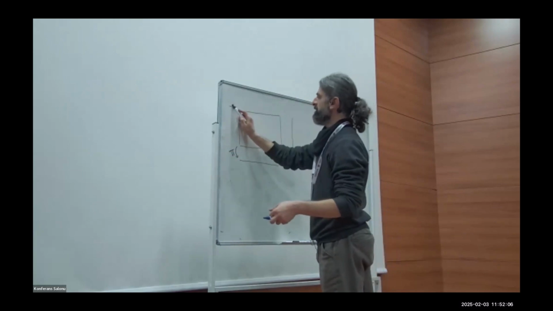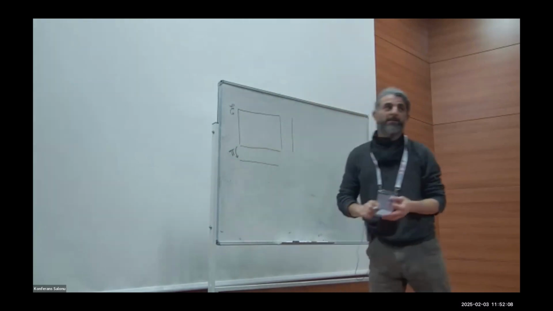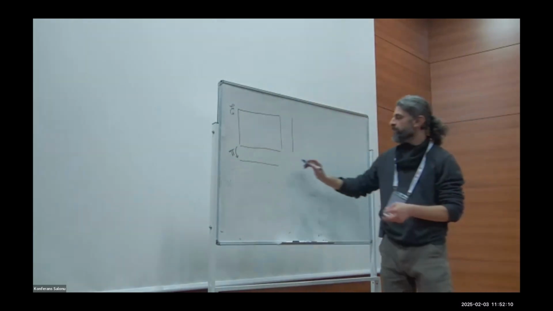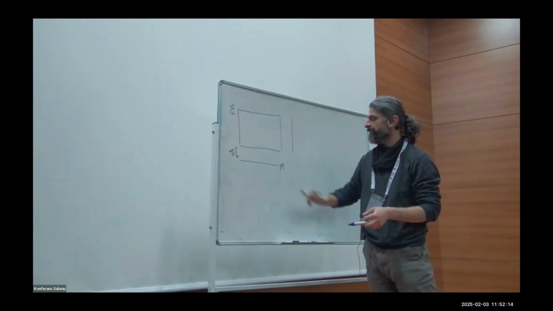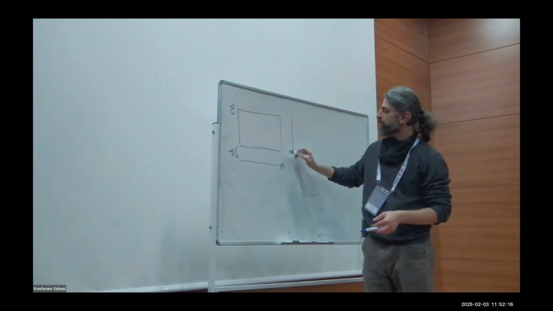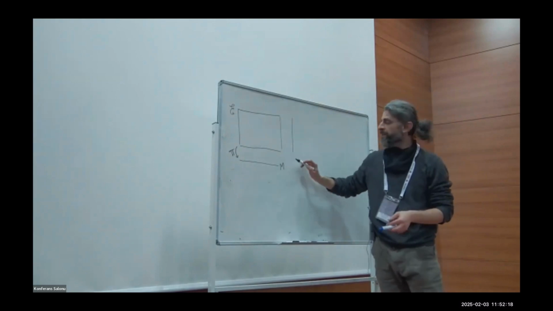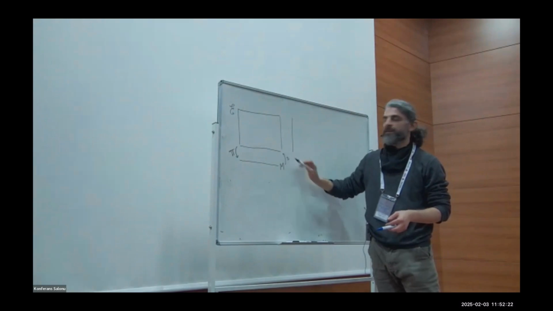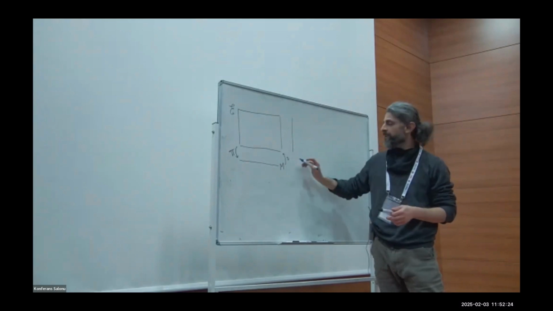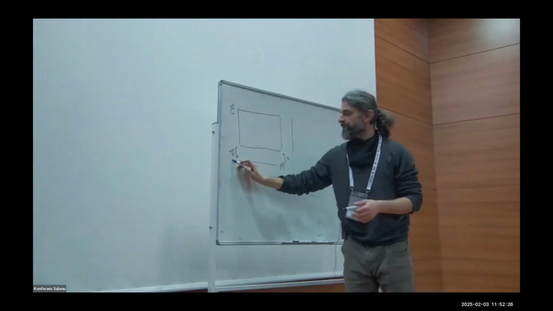Okay, this is an arbitrary fiber bundle. You have the base space, maybe we can denote it by M. So there's a notion called the sections of the bundle. Okay, this is the projection map.